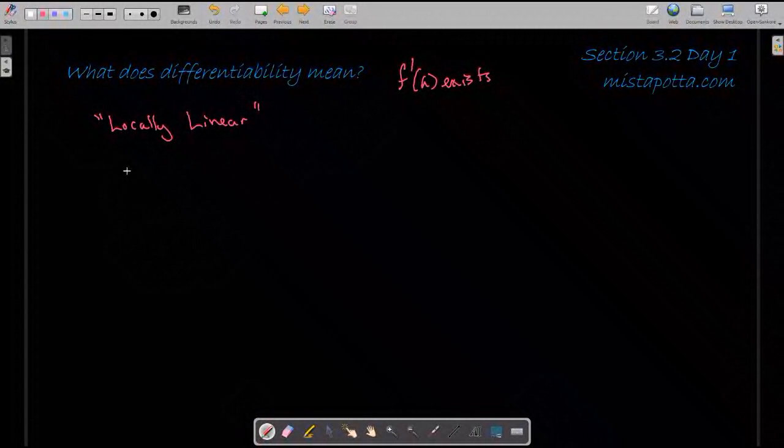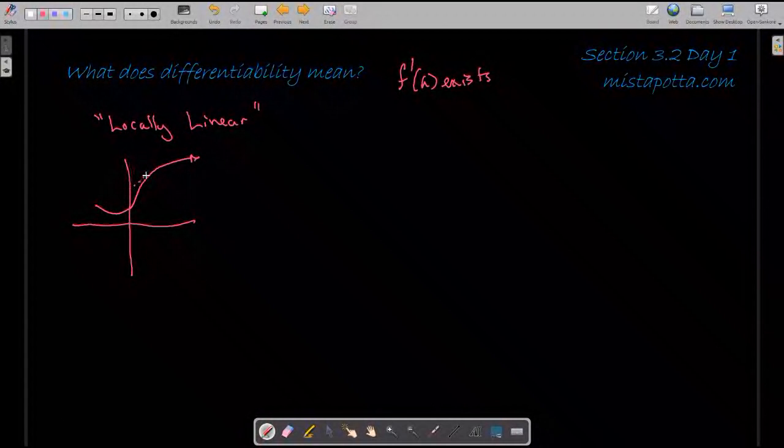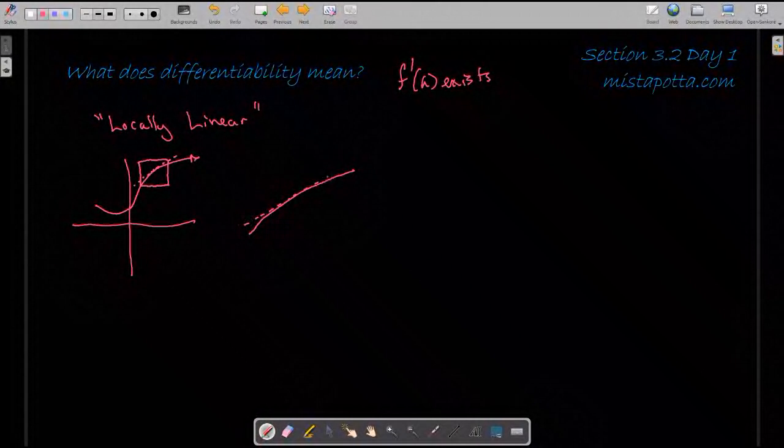In other words, if I were to take a graph that has some type of curve to it, and I know that there's a tangent line at a particular point, but if I were to zoom in to this region, I'm going to see that this tangent line almost approaches the idea of this curve.